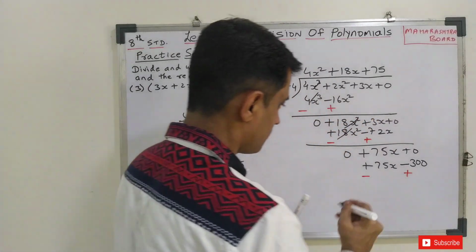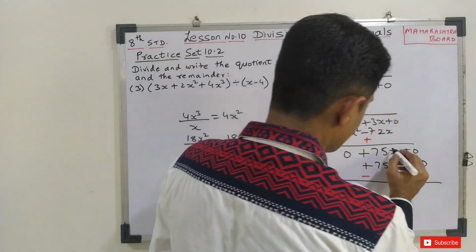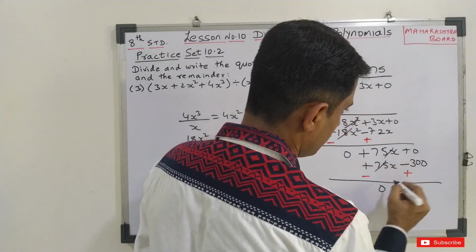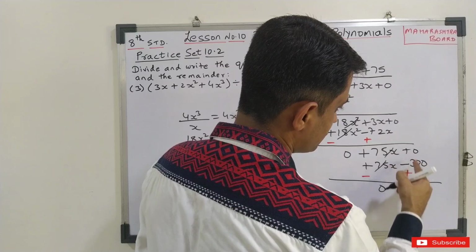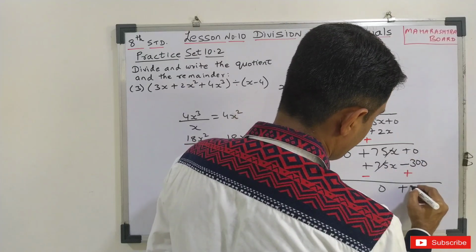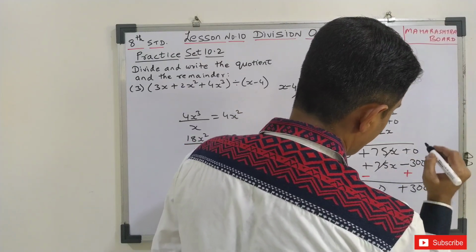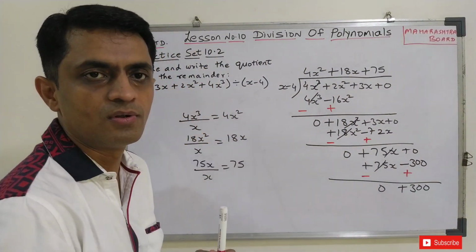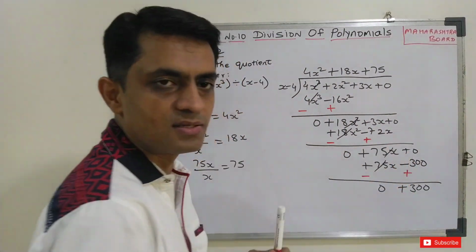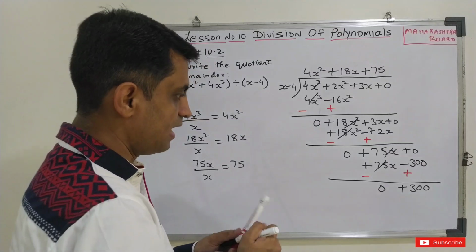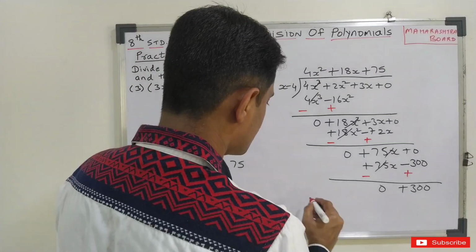Now this will get cancelled. So you get 0. Now 0 plus 0 plus 300 is what? Plus 300. This is the use of writing 0, so that the sum gets balanced and you will not get confused. Final answer.